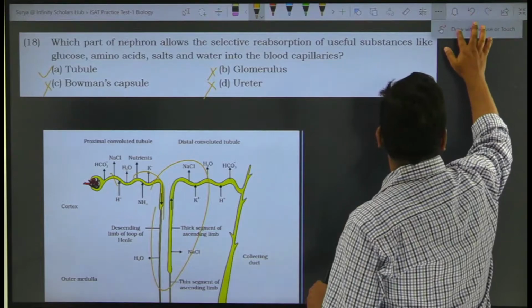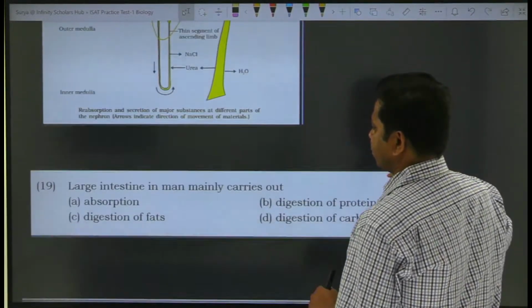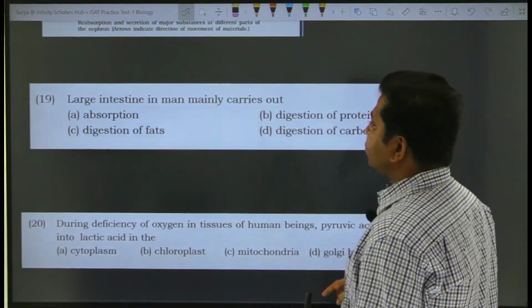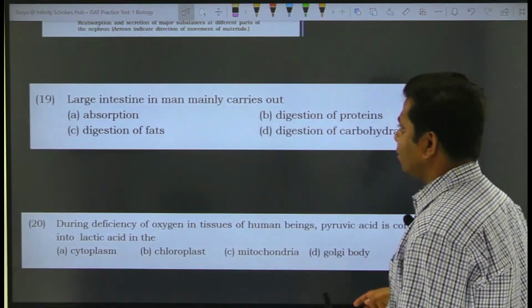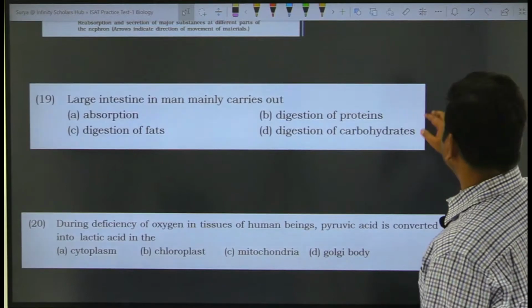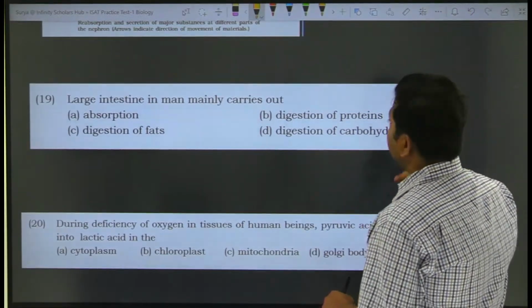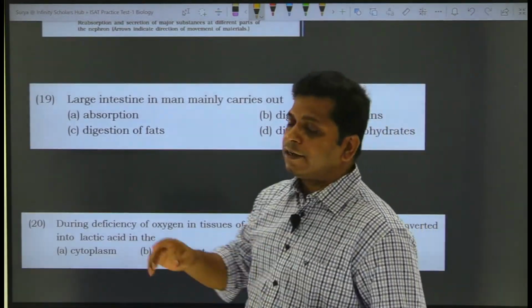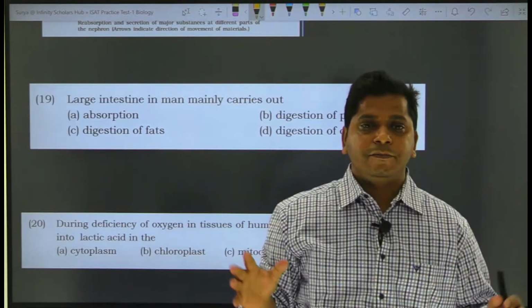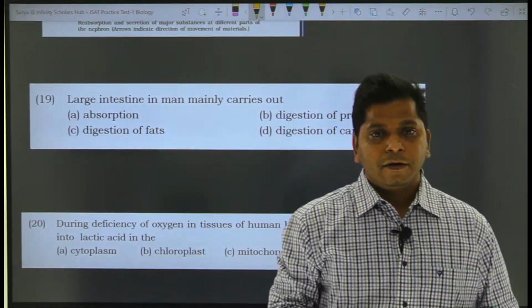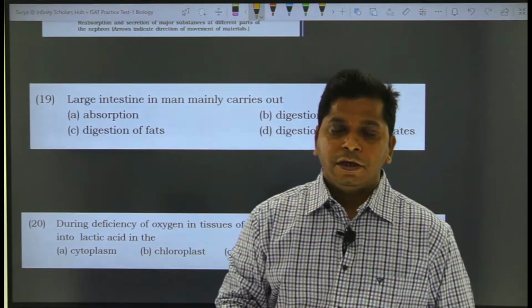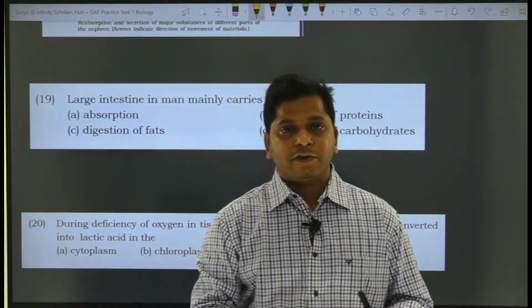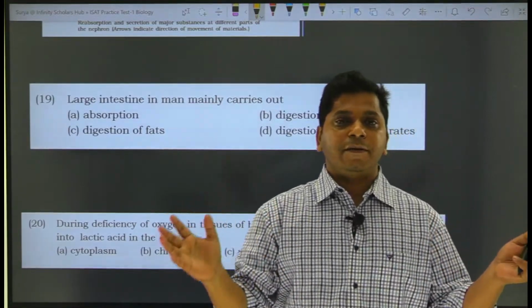So let us go to the next question. The next question talks about what the large intestine in humans mainly carries out. If we look at our digestive system, I have shown that picture to you earlier. The food material comes from the mouth, goes through the esophagus to the stomach, where the proteins are partly digested.